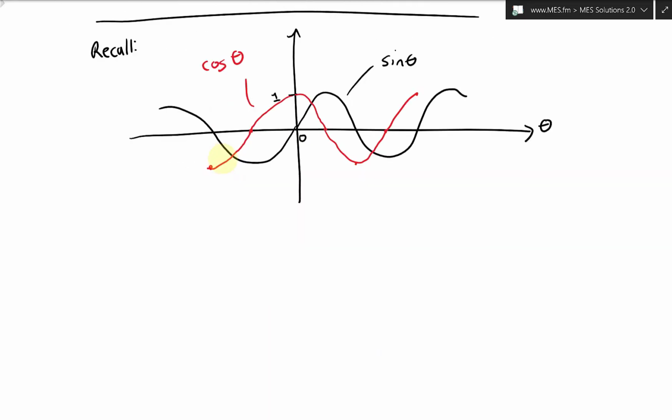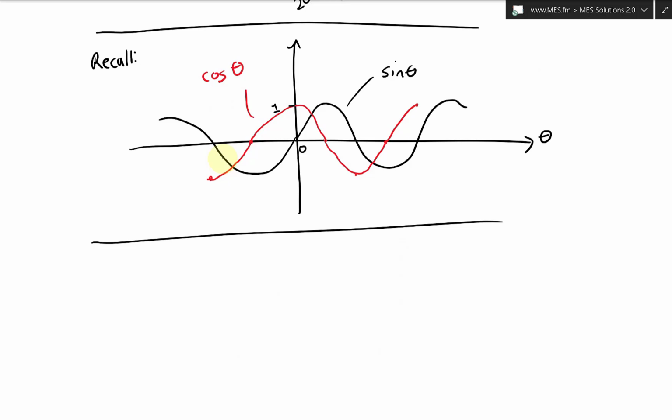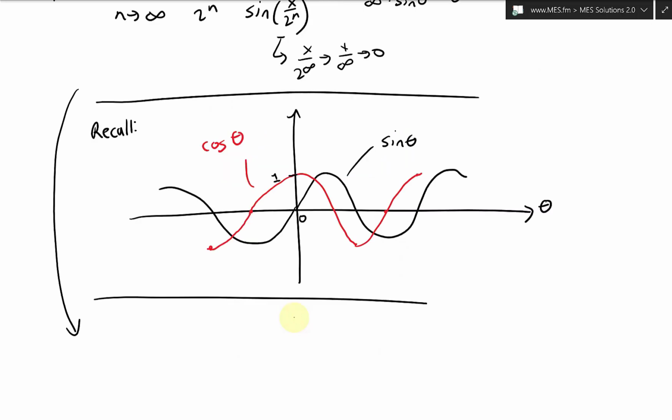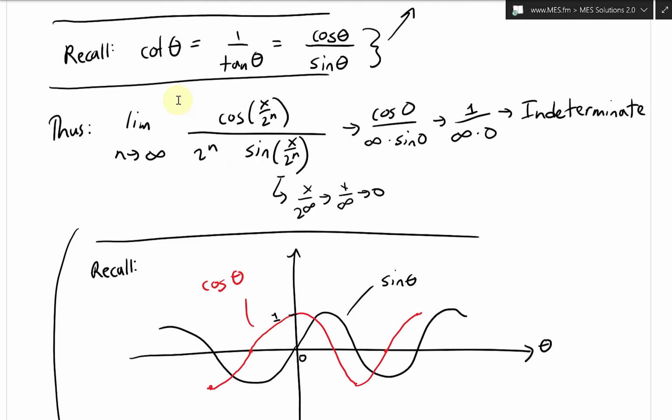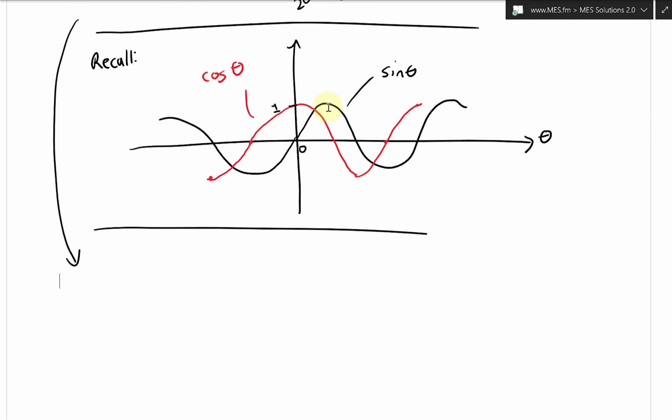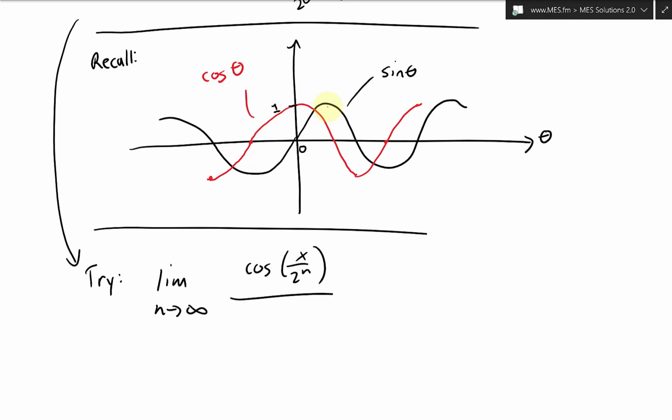Alright, so let's continue further. Let's try to solve that. We'll try to solve this here by multiplying the top and bottom by x; the solutions manual did this. So let's write that limit: the limit as n approaches infinity of cosine x over 2^n, over 2 to the power of n, times sine x over 2^n.